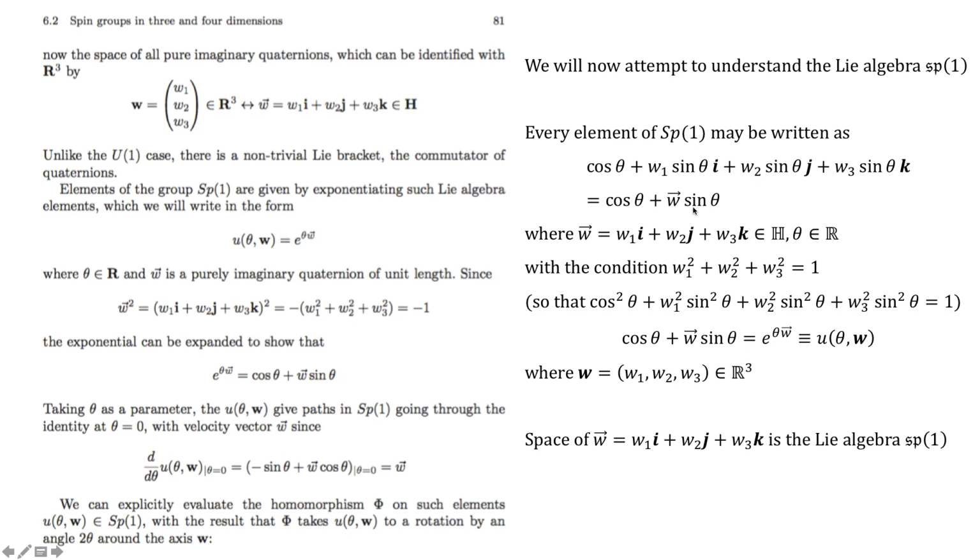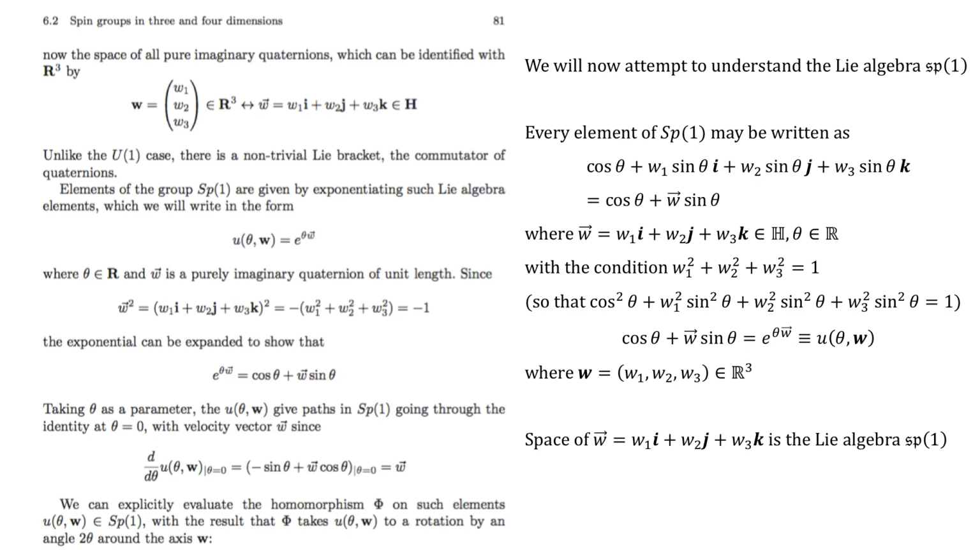We can then Taylor expand by noting that W arrow squared is minus 1, as seen here. We can Taylor expand the exponential function, and we will find that it is of this form. So we can write any element of SP1 as an exponential of the Lie algebra.